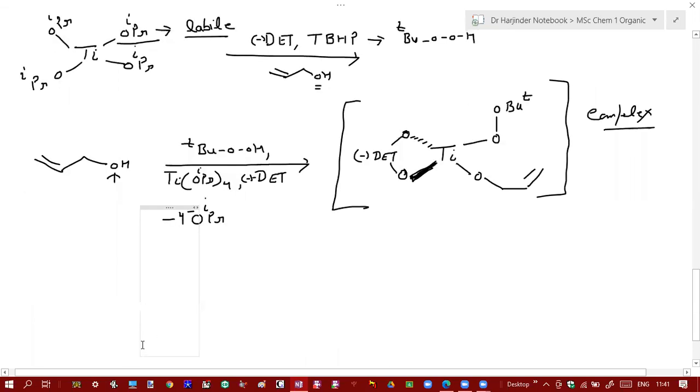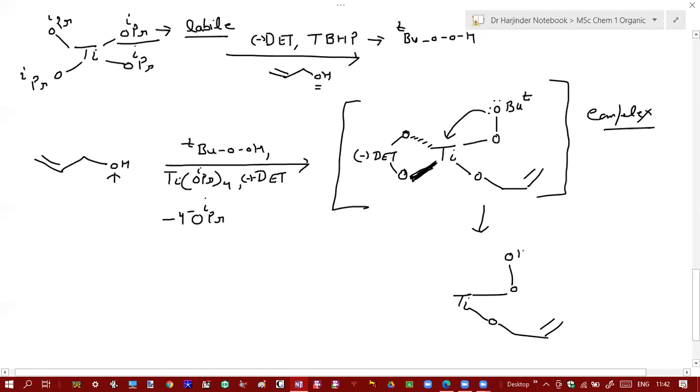Now, this titanium metal still has affinity for electrons. It can still take electrons. So what will happen? This oxygen, which is present close to this titanium metal, transfers its electrons to titanium. So it will become something like this. Here the oxygen and this double bond will remain the same.